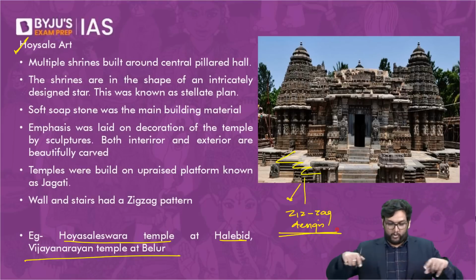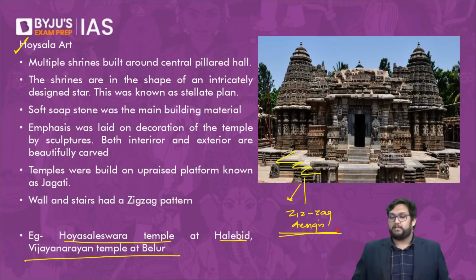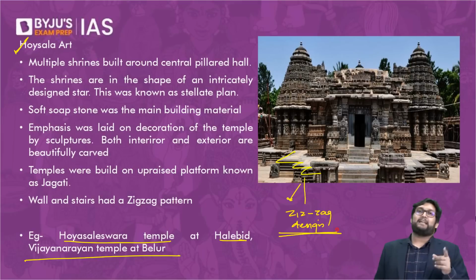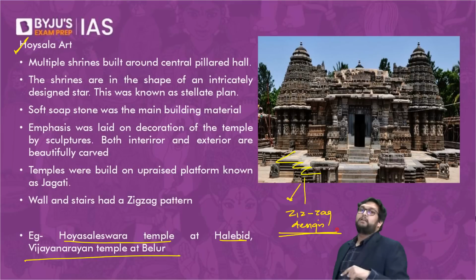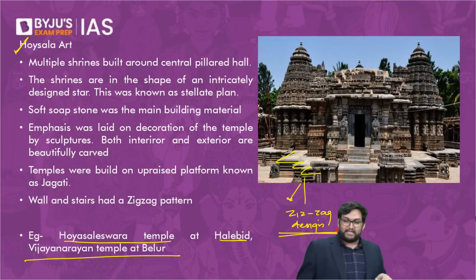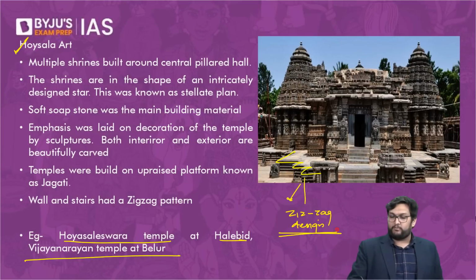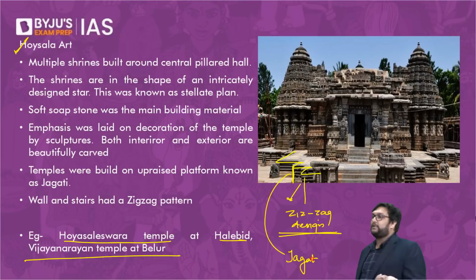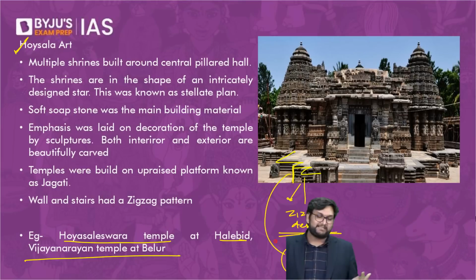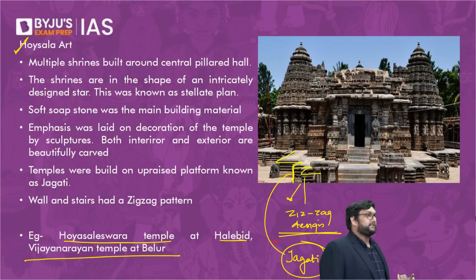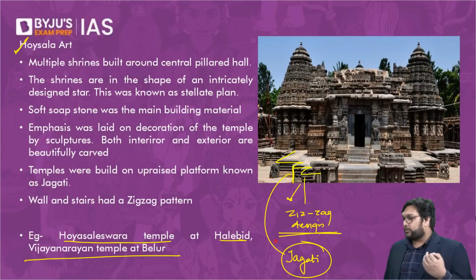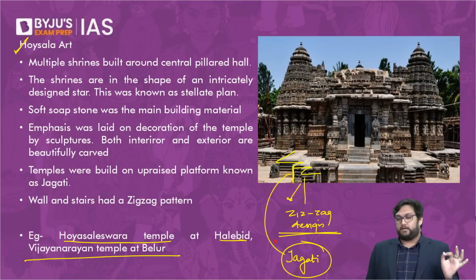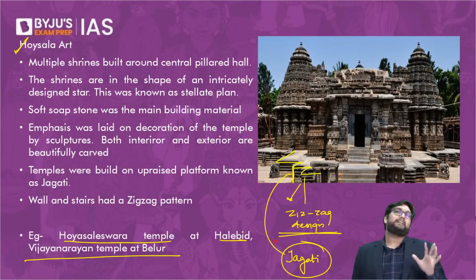If you look at the whole structure of the Ram temple, you will realize that this zigzag design, which is Vesara style, has been used. Further, it has also been made on a small platform which is called here Jagati. And in that way, we see another parallel in the Ram temple. We'll have this discussion on 18 January, where we will discuss the architectural features of this temple. It is purely a concept of Vesara style.